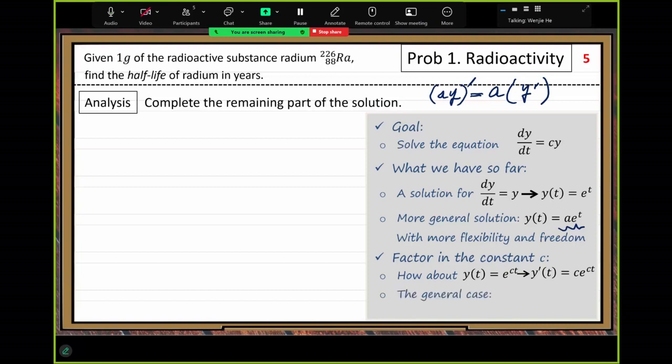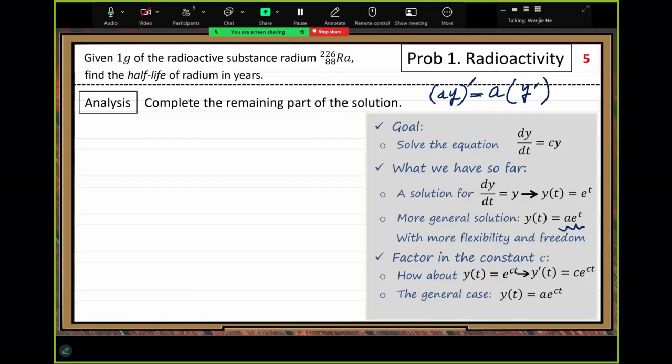Now we want to get a general solution, because this is still a special solution. So for the general solution, we multiply another constant a in front of that e to the ct function. So that's the general solution for the original equation.